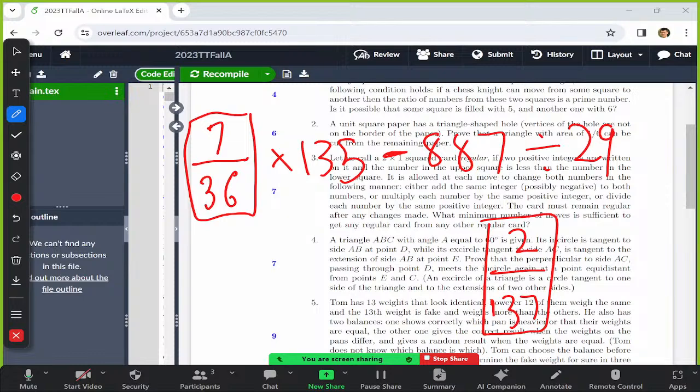Is that true? So remember you said that 7 times 135 was 945. What's 36 times 137? That's not that easy.